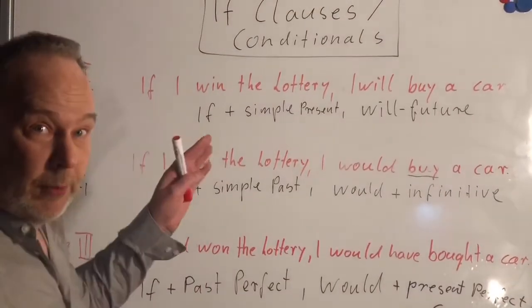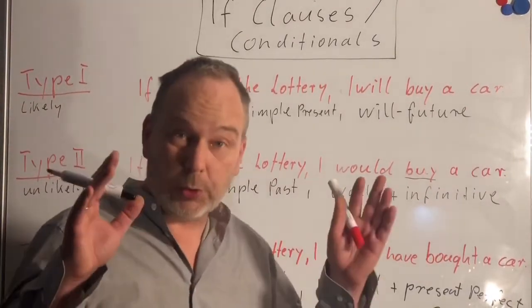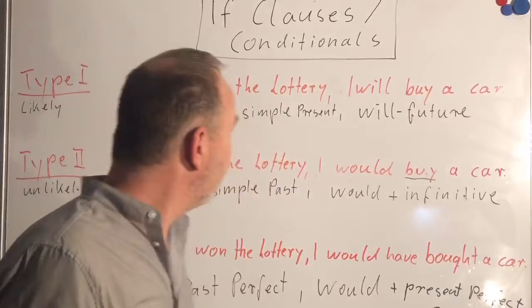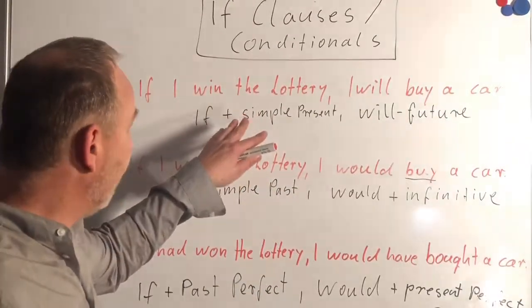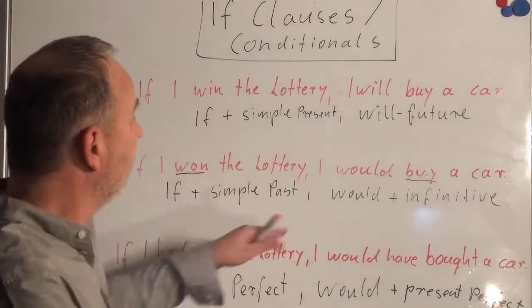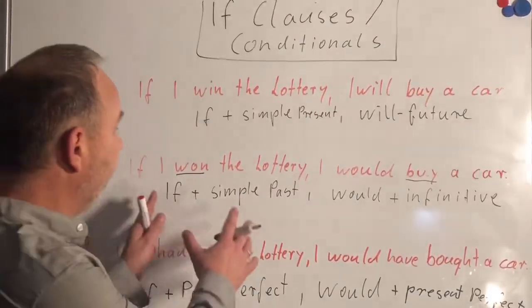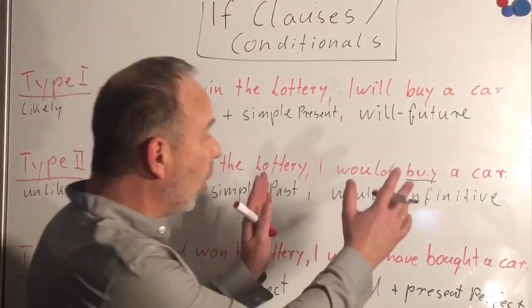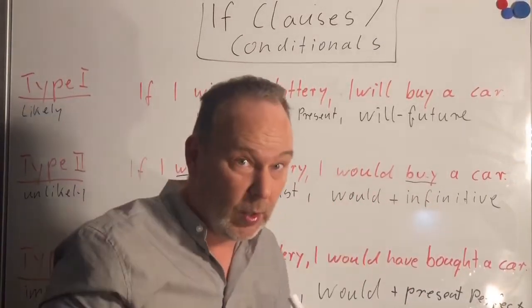So just to summarize one more time, and just a way to remember it and to keep it simple and easy. In type 1, if simple present always goes together with will future. In type 2, if simple past always goes together with would infinitive. That's conditional 1.